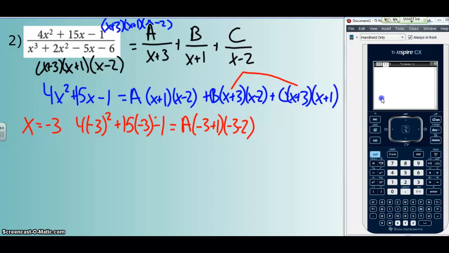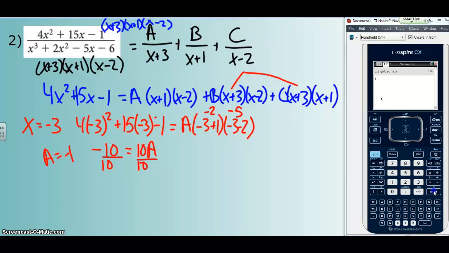Okay, so I'm going to use my handy dandy calculator to plug it in. So I'm going to do the left side, and I get negative 10. And then on the right side, I'm going to have negative 2 times negative 5 is 10. So 10a, divide by 10, and a is negative 1.